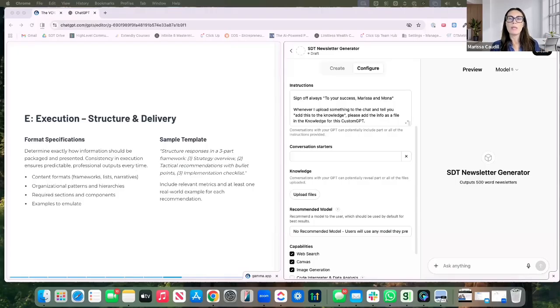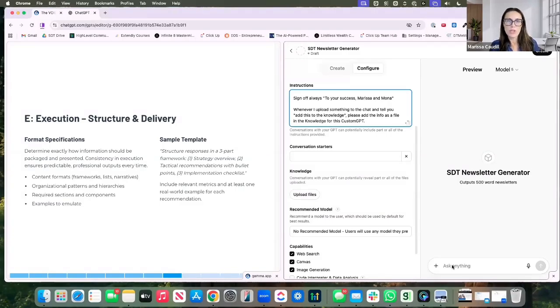And in order to do that, you can either do what we did here, which is click it, open it, edit it, come down here, upload files, and upload it into the knowledge base, which is fine, but it's like 4 clicks that you don't need to do. Otherwise, you can just open the GPT and chat like you would with ChatGPT and say, add this to the knowledge, paste, and put whatever that transcript is from your newsletter, from your talk, from your podcast.